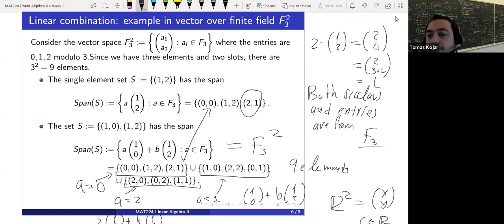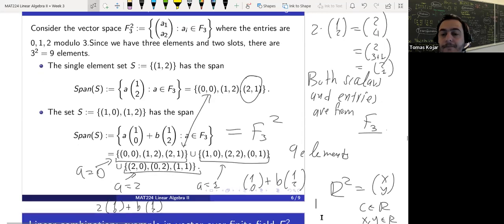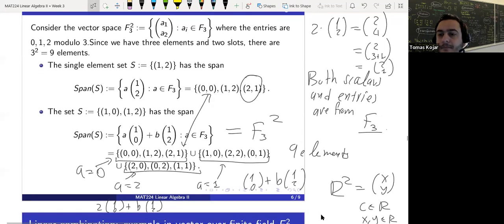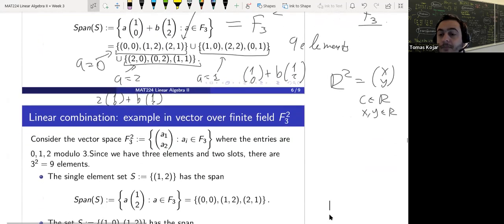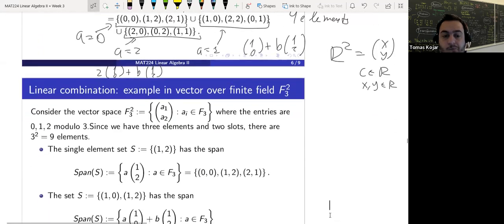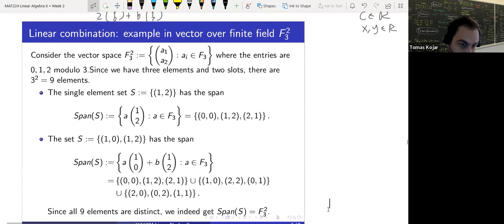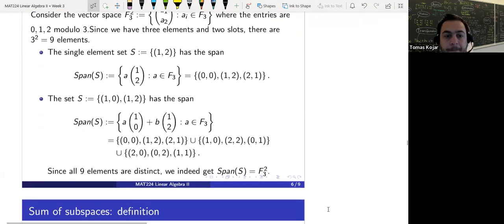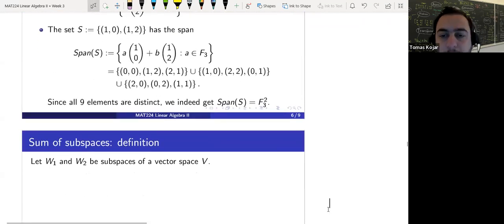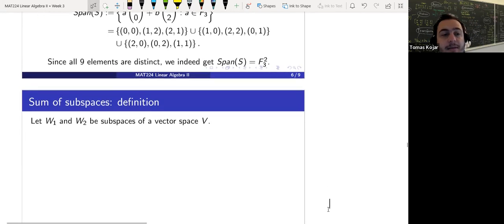So this is 2, 1. The 3 disappeared, right? Right, yeah, okay, good. So yeah, we got the space.